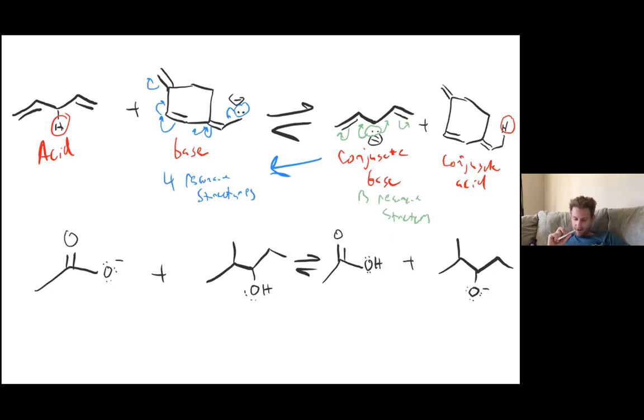All right, our next one here, we've got this H, which is being transferred to our carboxylic acid here. So this should be our acid, this would be our base, making this our conjugate acid.